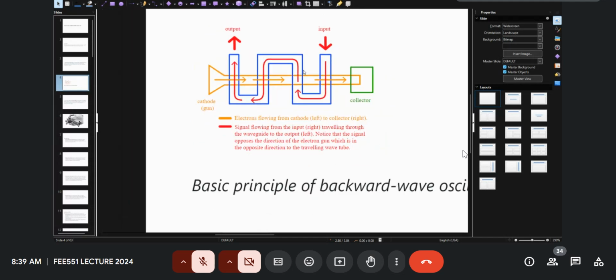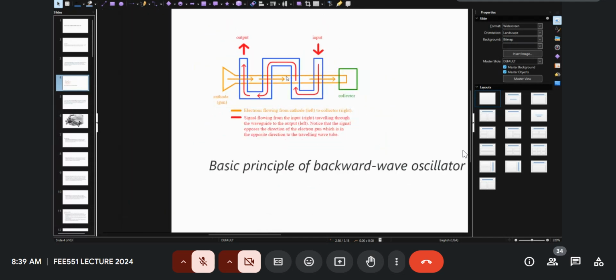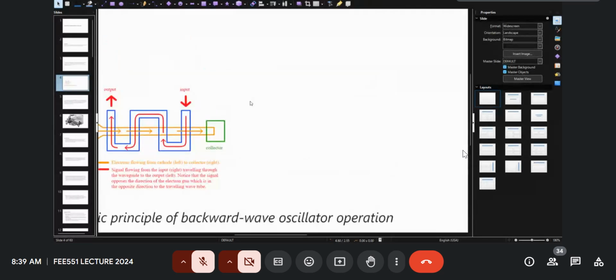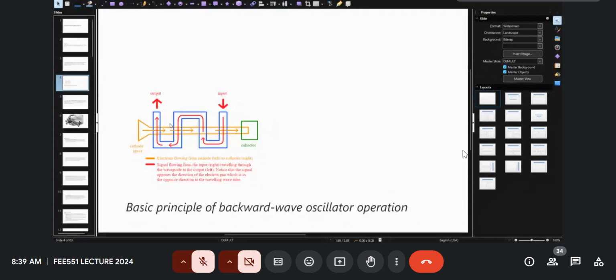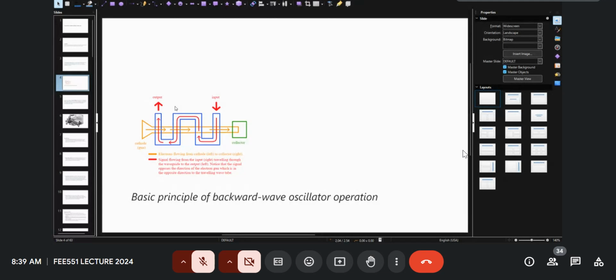And the backward wave oscillator is so called because the direction of the signal is opposite to the direction of the energy wave. So that's the BWO in a general sense.